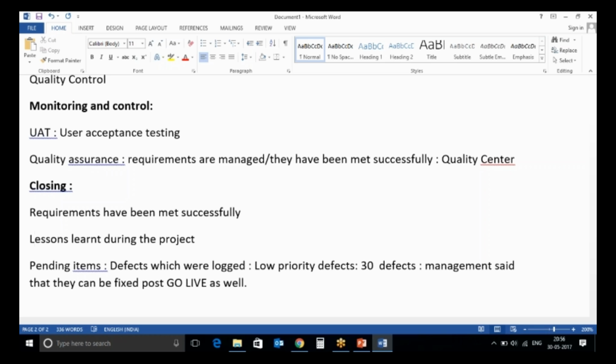Lessons learned are the challenges that the whole project faced during the execution phase of the project. These are used so that in the future, if anybody is doing a similar kind of project in the organization, they don't face these kinds of things. And then it is decided how much support will be provided.